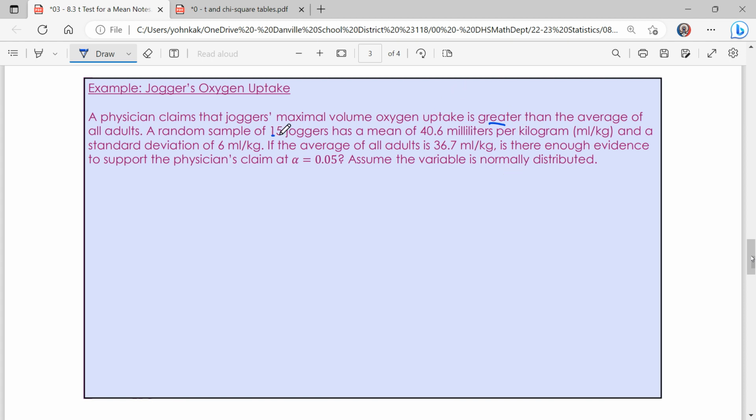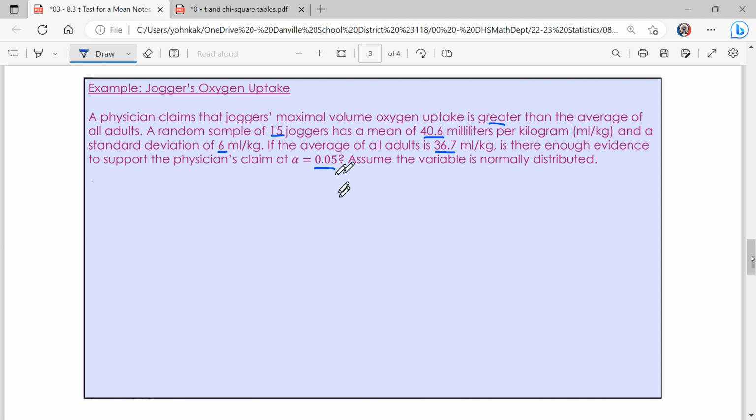A random sample of 15 joggers has a mean of 40.6 milliliters per kilogram and a standard deviation of 6 milliliters per kilogram. If the average of all adults is 36.7 milliliters per kilogram, is there enough evidence to support the physician's claim at alpha equals 0.05? Assume the variable is normally distributed.